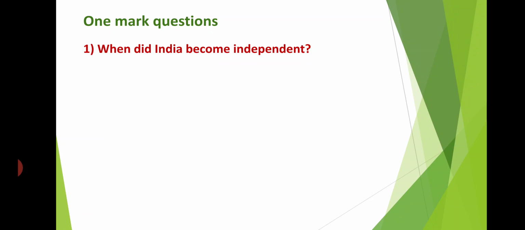A very important question in the first unit is: when did India become independent? Just observe that this is a one markers question, and most important questions like this will be asked. So I will put that question: when did India become independent?